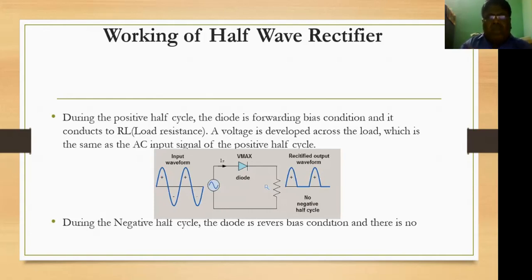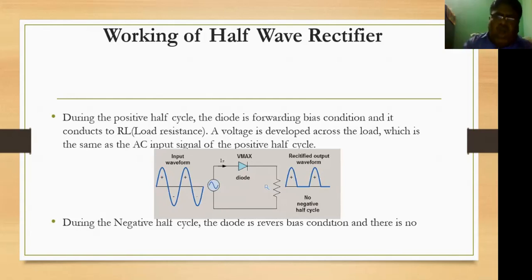Why? Because it is a forward bias condition. Forward bias condition means it is working. In the circuit, the current is passing. However much input voltage is applied, the same amount of voltage appears across the load resistor RL at the output side, because it is forward bias. Please remember, during the positive half cycle of the input signal, the diode is in forward bias condition.